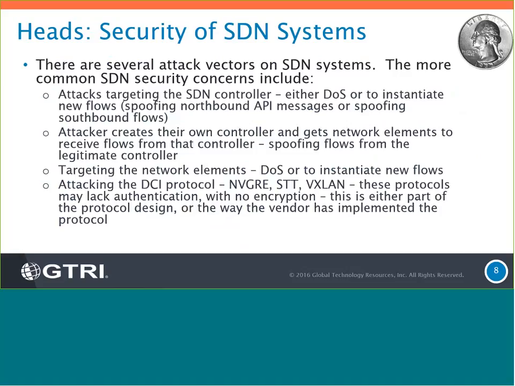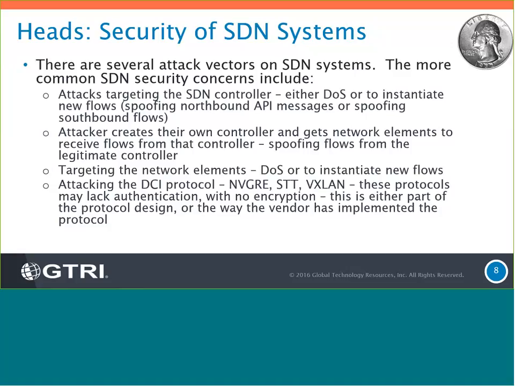We see that more common SDN security concerns are attacks targeting the controller. You can see that the controller is where the intelligence is, and if the attacker could disrupt the controller, then that affects traffic forwarding in the network. Or would the attacker want to instantiate new flows into that controller and create their own forwarding?